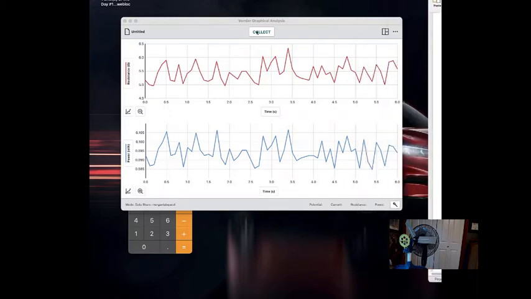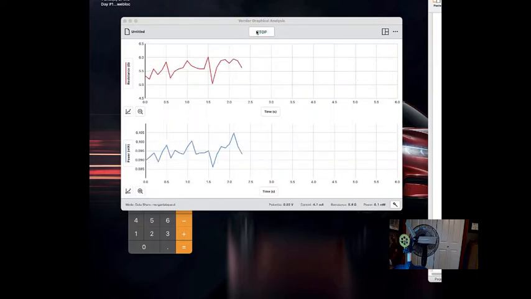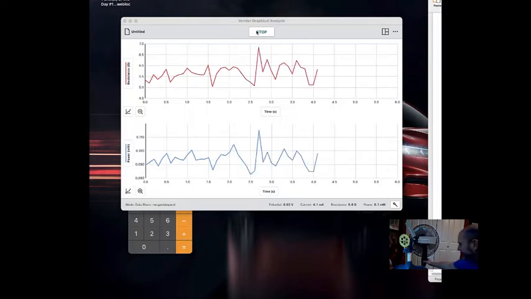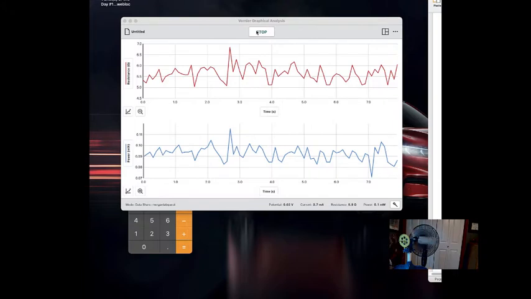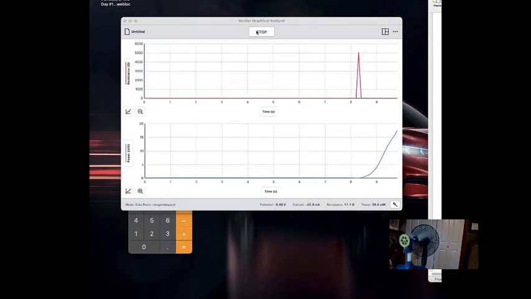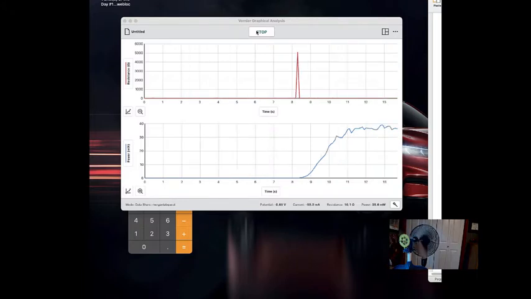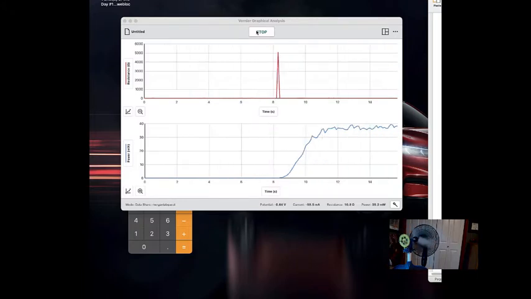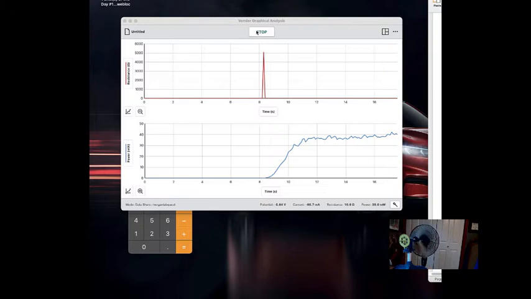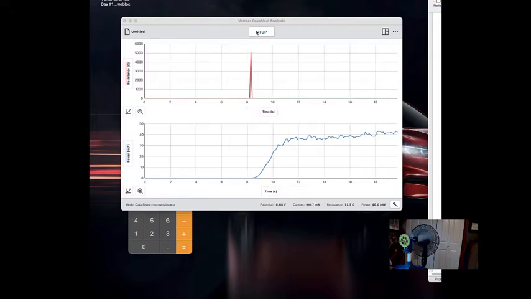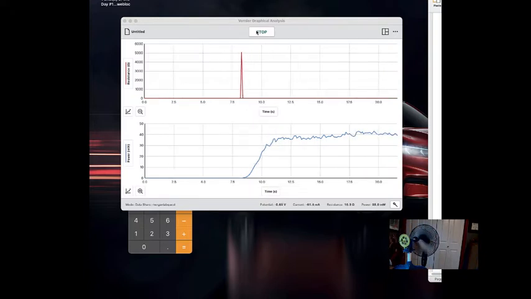So I'm going to go ahead and push from my device to the computer. It should start coming out now. And it does. And so here we go. Now the first data point: we're looking at a resistance of about 11 ohms, and the power is about 39.